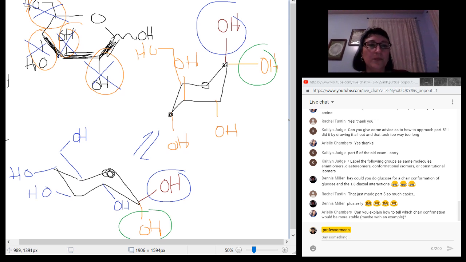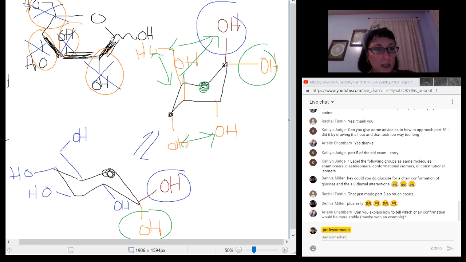And so then for 1,3-diaxial interactions, we don't have to think about anything on that oxygen there because there's no hydrogens on it. So there's one there, 2, 3, 4. So the beta has 4, and then let me do yellow.